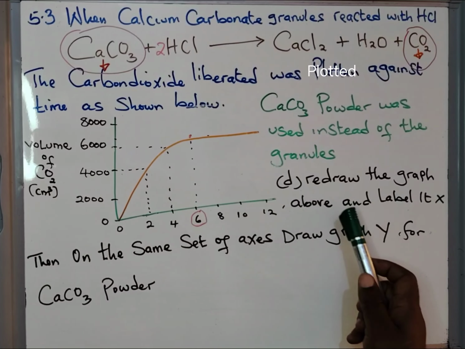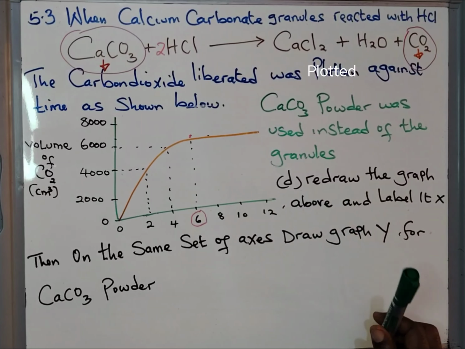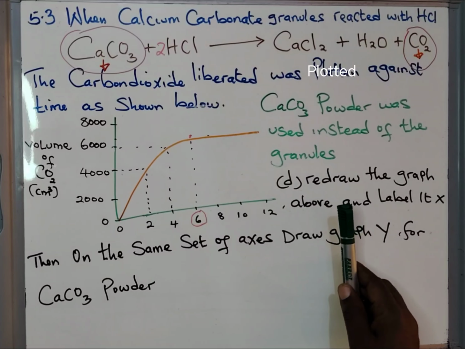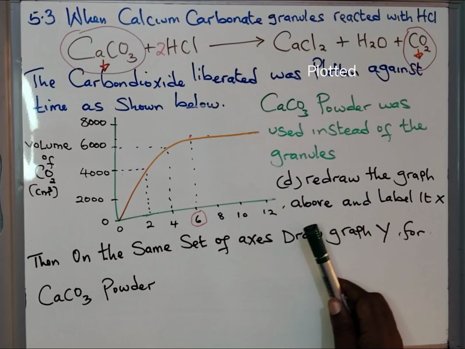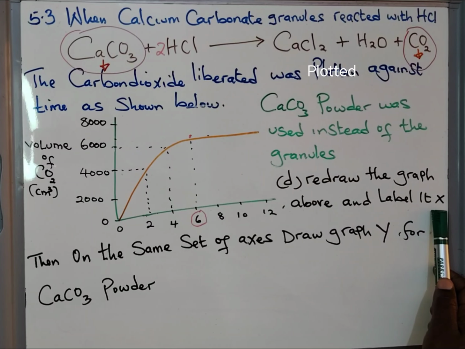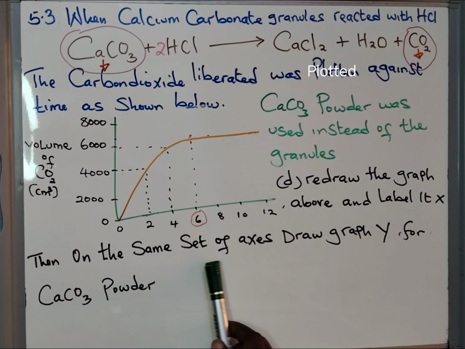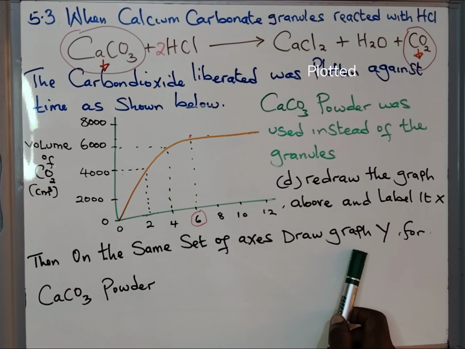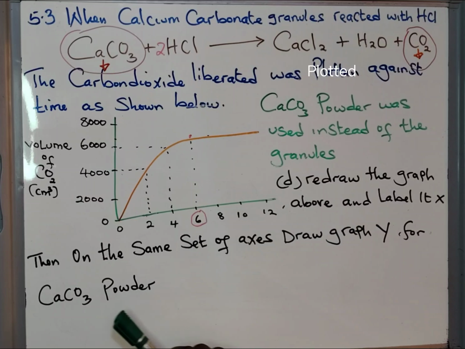So then comes this question. It says draw the graph above and label it X. Then on the same set of axes, draw graph Y for calcium carbonate powder.